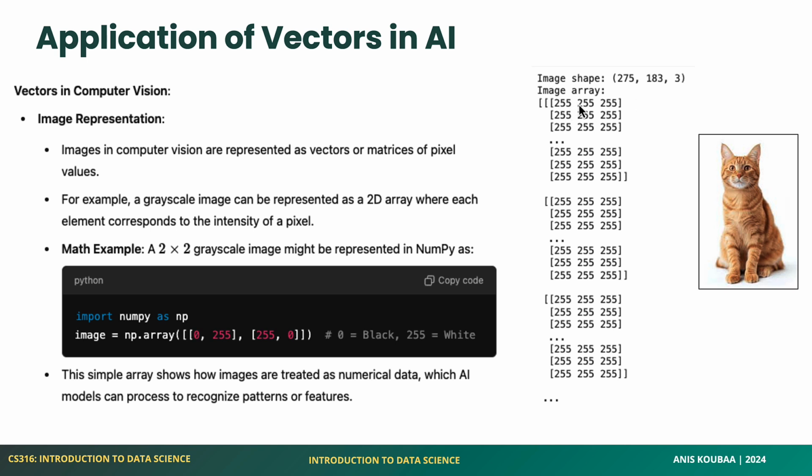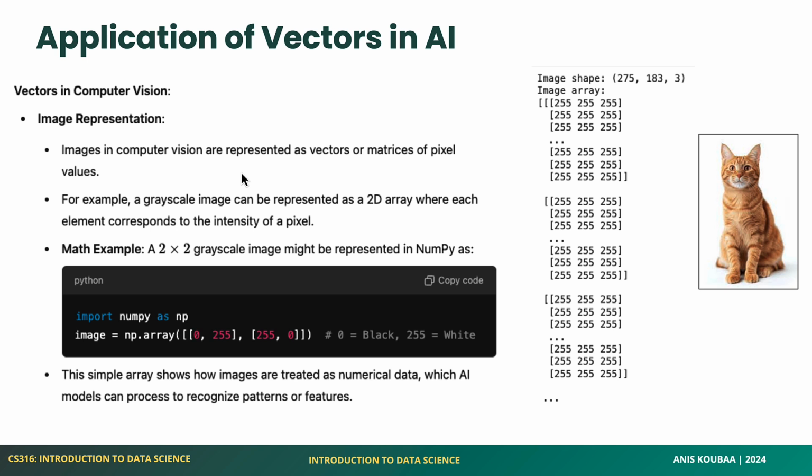These first elements here represent the pixel in the top left corner. You can see we have a lot of white here. This is why all the values from the top and also from the bottom are all 255. And here we have 3 channels: red, green, and blue. This is why for every pixel we have 3 values.